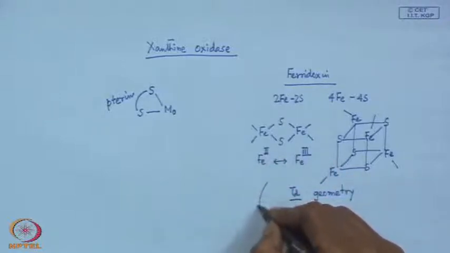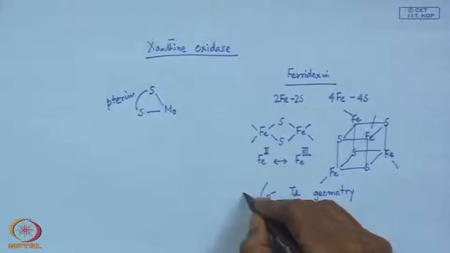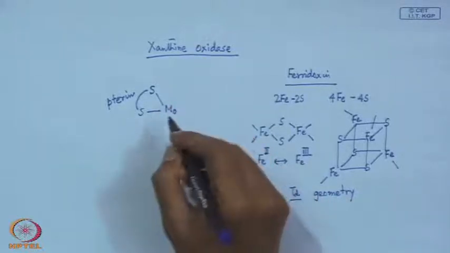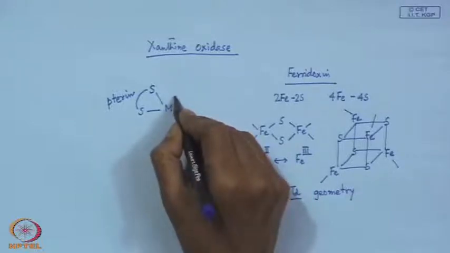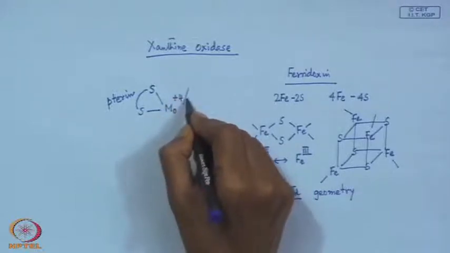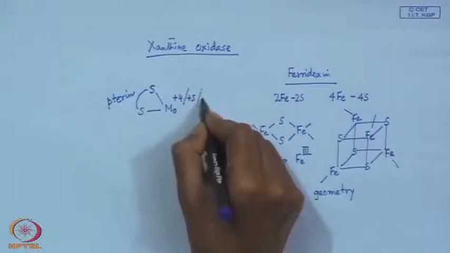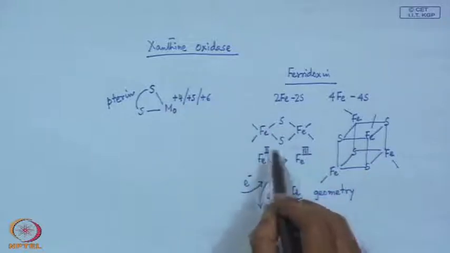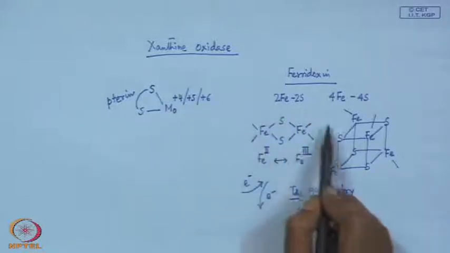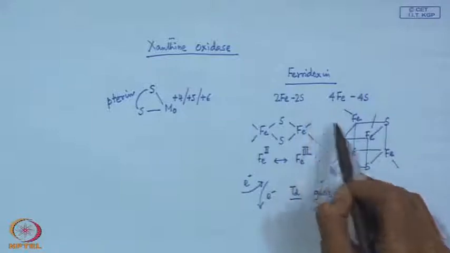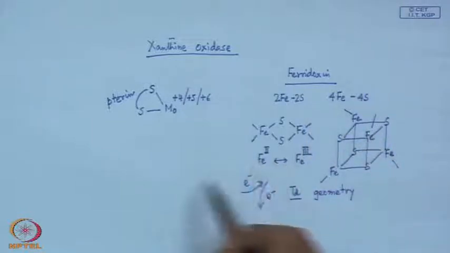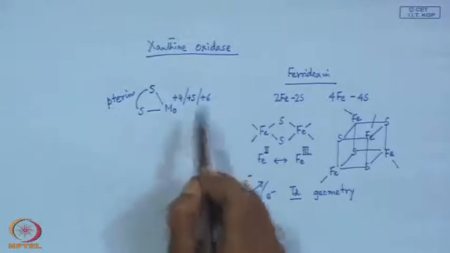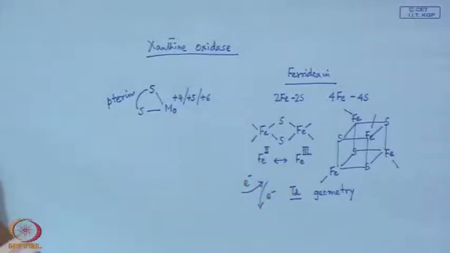So, basically it can give off electron to the system where you have this molybdenum, which can be +4, +5 and +6. These are the electron pool basically. We have an electron pool based on the 2 iron 2 sulfur system or 4 iron 4 sulfur system, which is donated to the molybdenum site and can ultimately go for the corresponding oxygen transfer reaction.